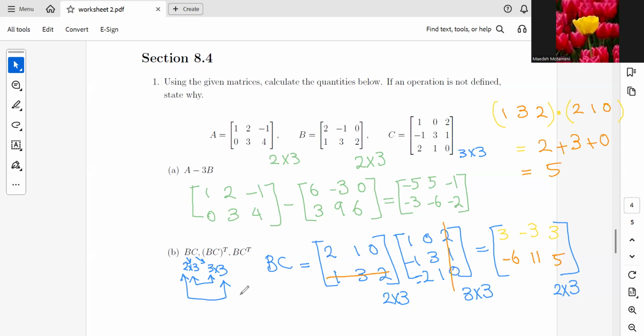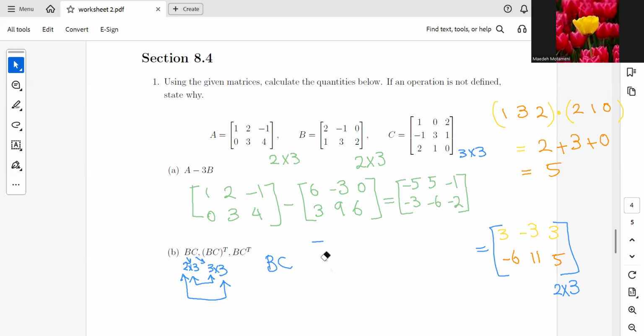Next part says find the transpose. So let's keep the answer of BC here. We know that this is BC, and the T power means transpose.